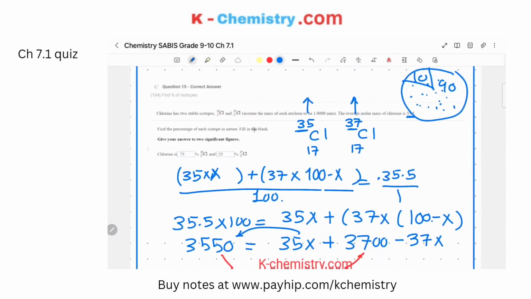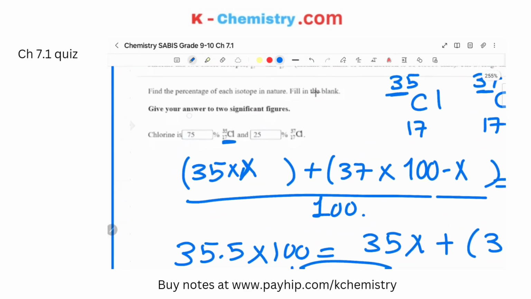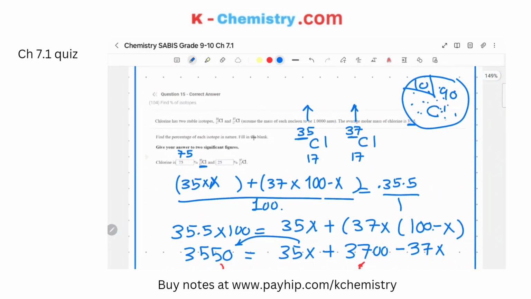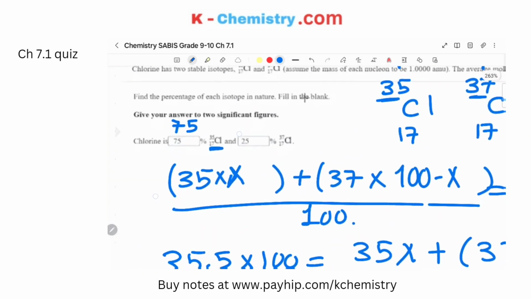This means that the percentage of the first one is 75. It means that out of every 100 atoms of chlorine that you can find in nature, 75% of these chlorine atoms has a mass of 35.